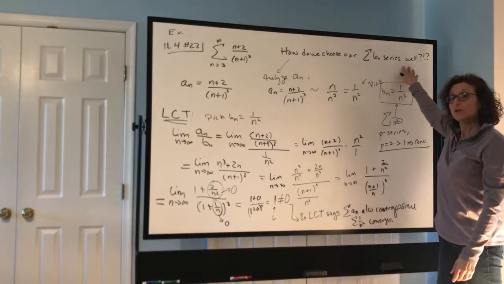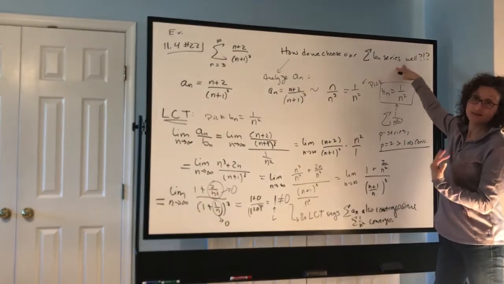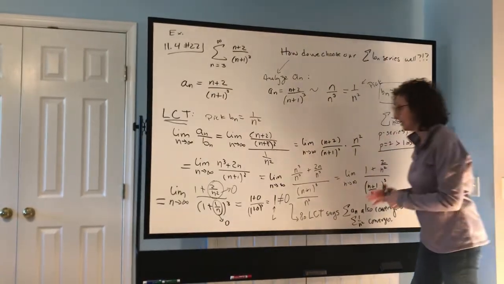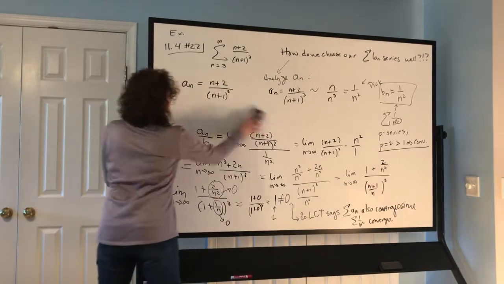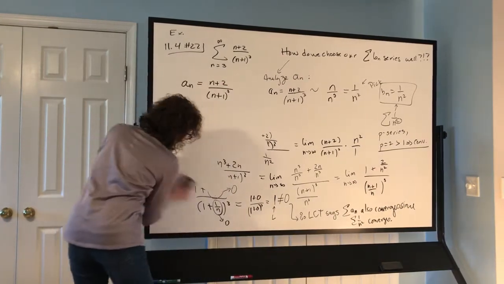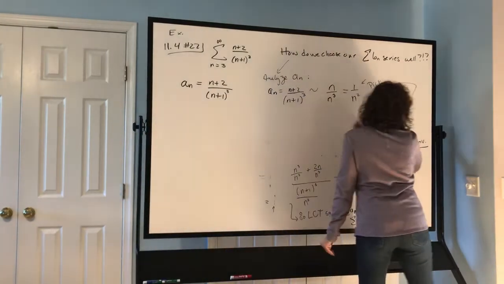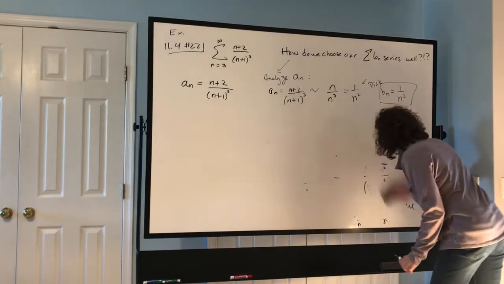The fact that we would even ask that question suggests that you can choose that series not well and then not get anything out of it. And so let's look at what would happen there.